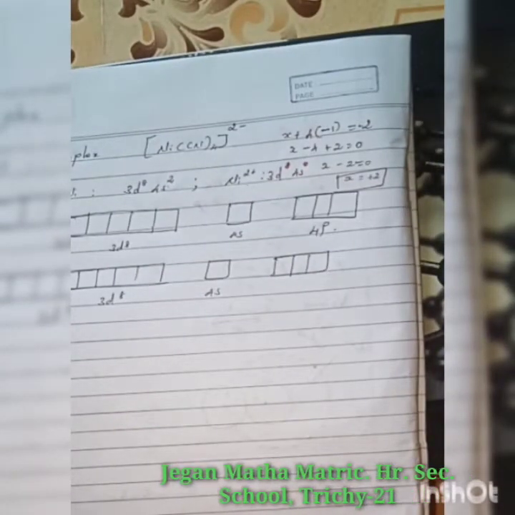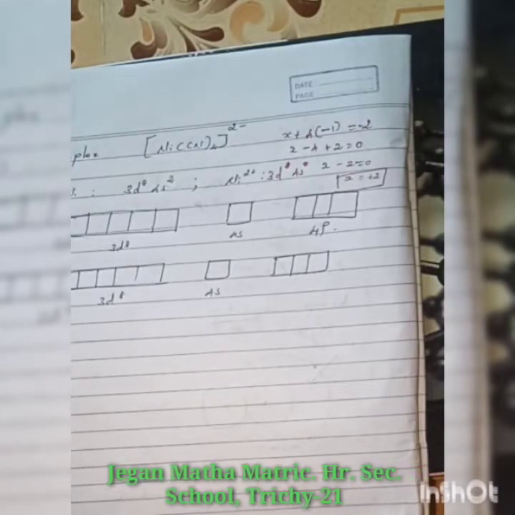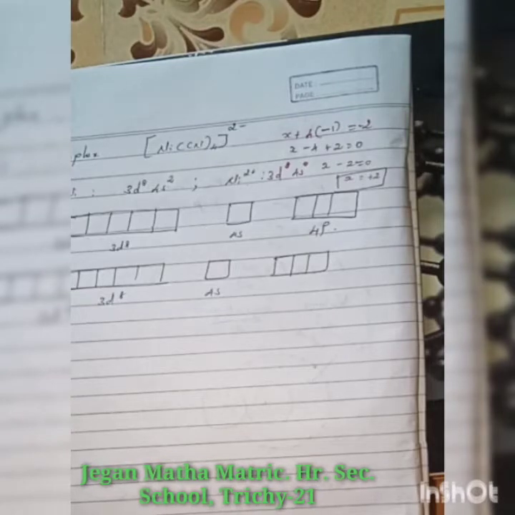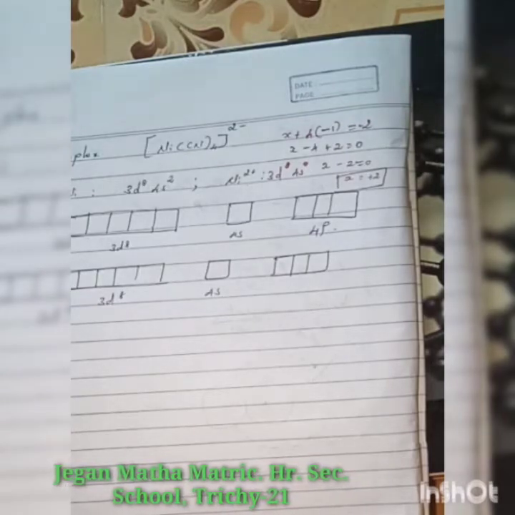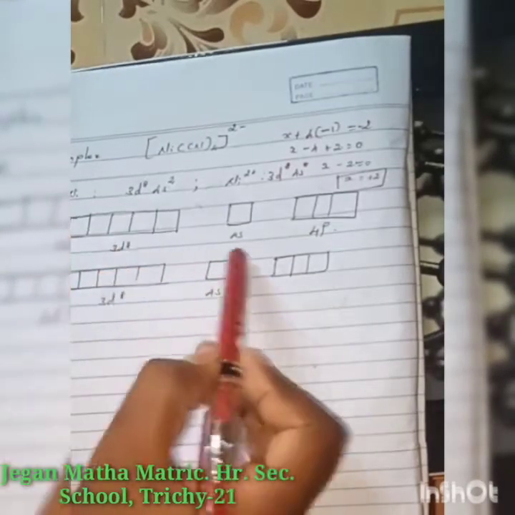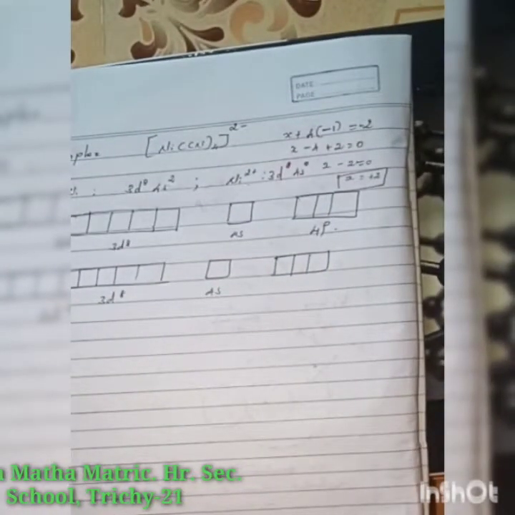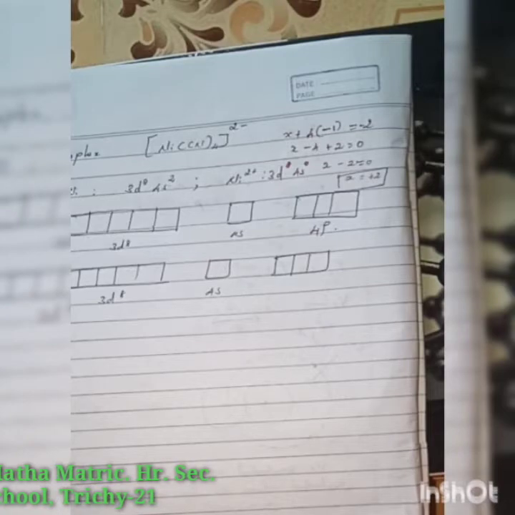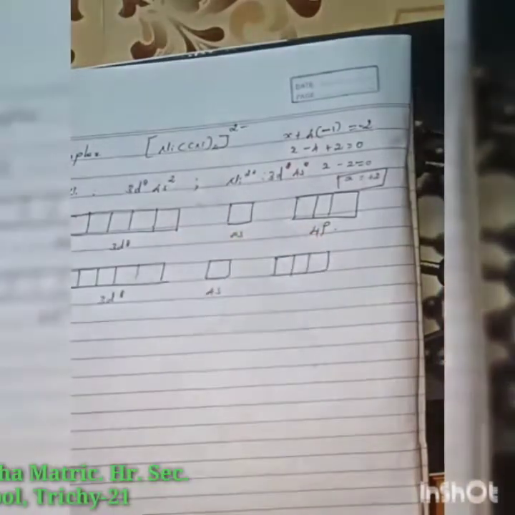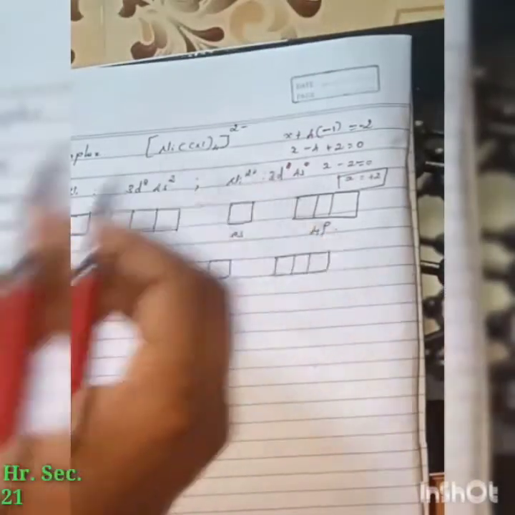This is the central metal ion and its outer electronic configuration is 3d8 4s0. Now the outer orbitals of the metal ion: how to fill them? This is for the 3d orbital, this one for the 4s orbital, this one for the 4p orbital. Totally 8 electrons are filled in 3d. First we fill single electrons, then only we fill double electrons.